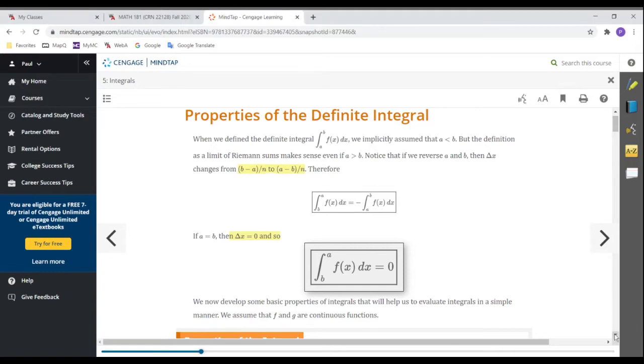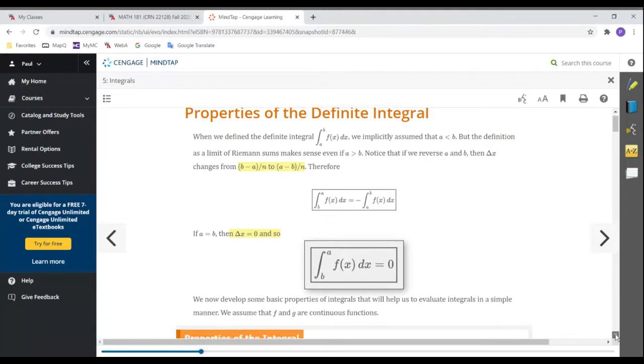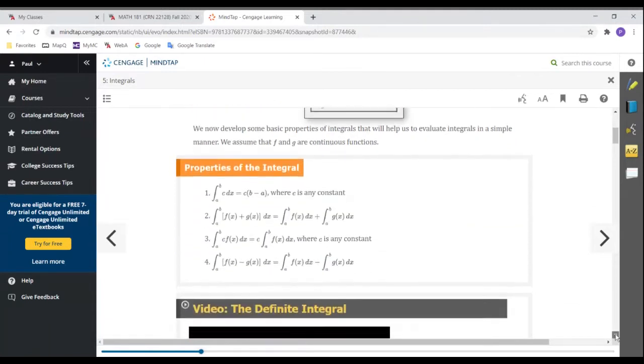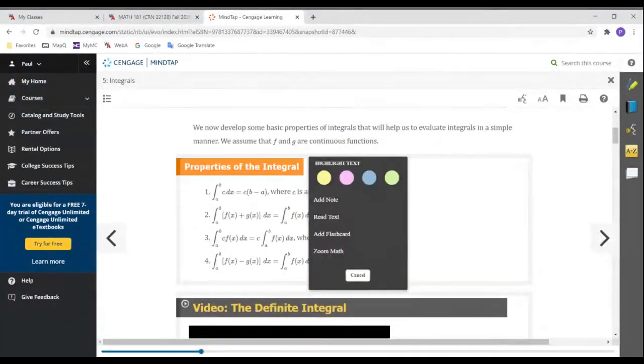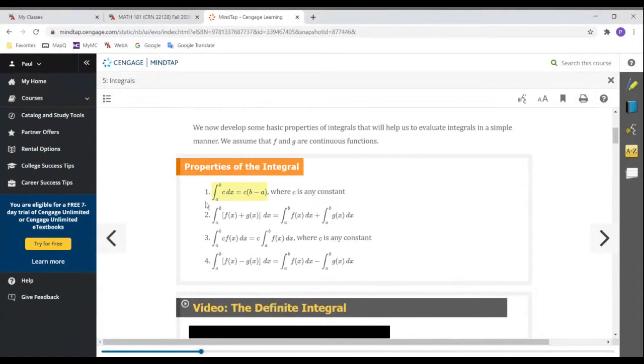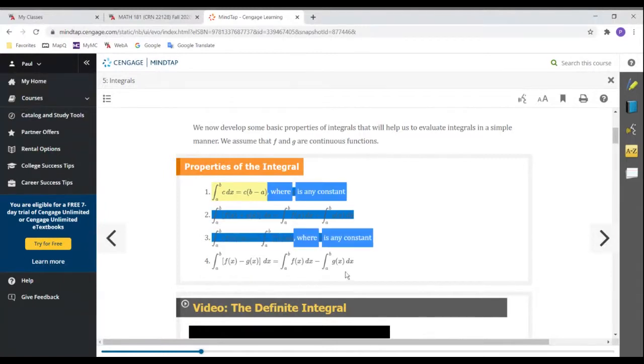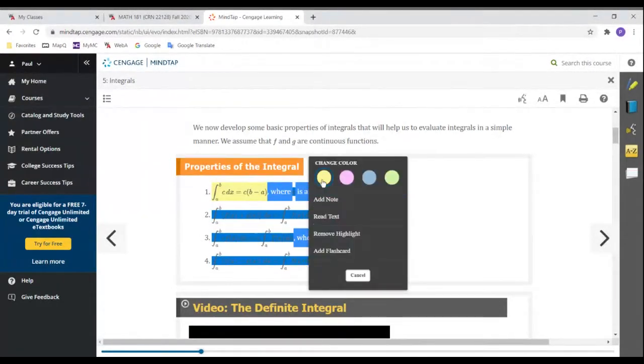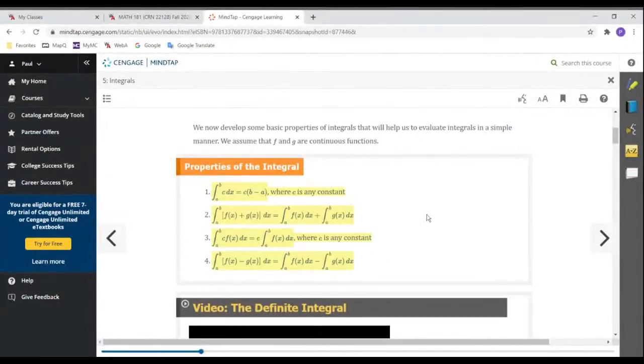All right, so there are other properties too of the definite integral. And remember, the properties of the definite integral are the same as the properties of summations. Here they have 4 properties of definite integrals.